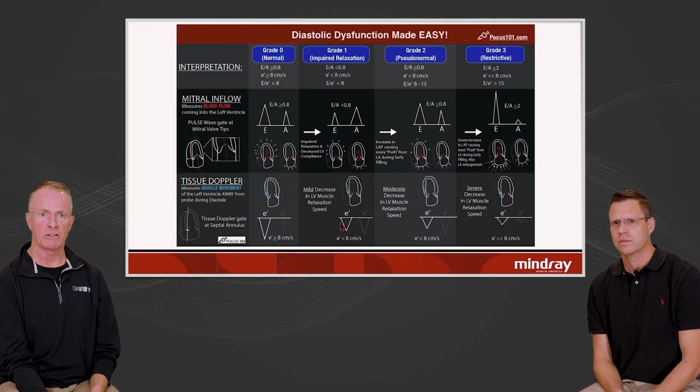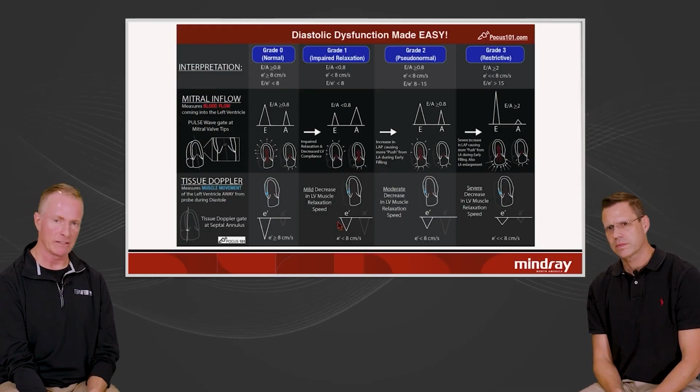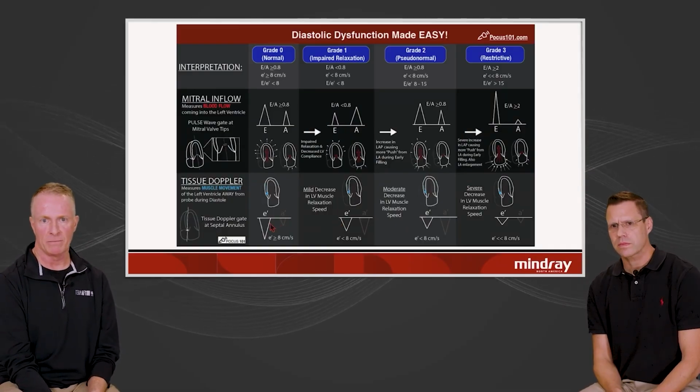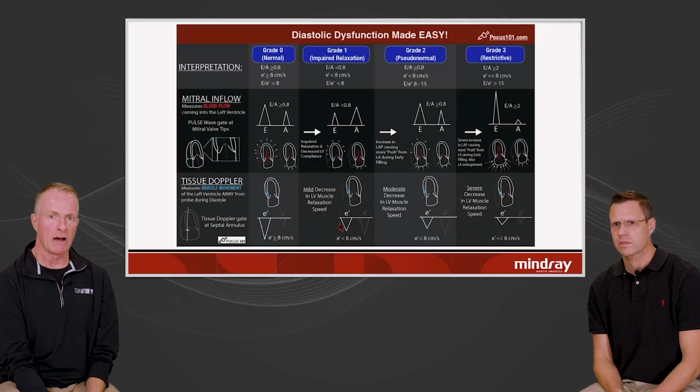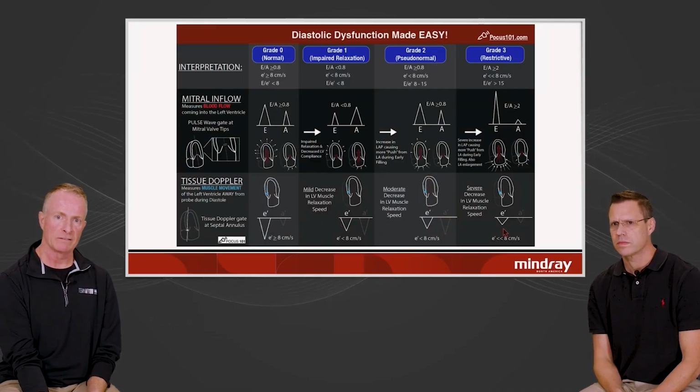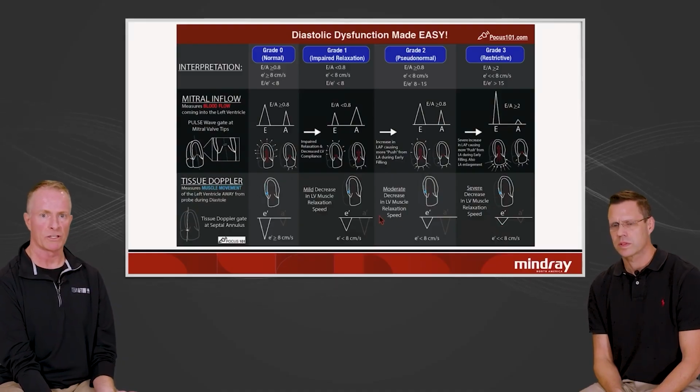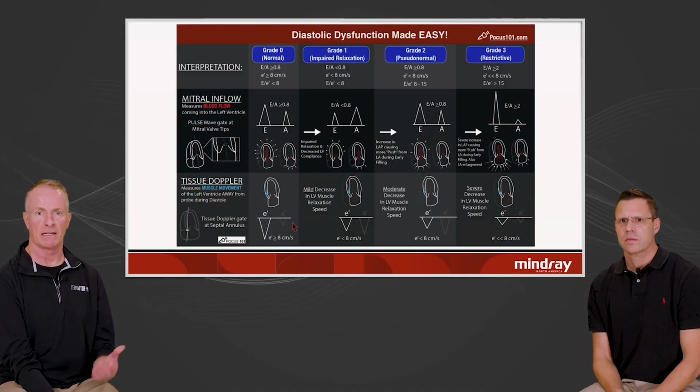It's the muscle right next to the medial mitral annulus, and the machine's just measuring the tissue Doppler and the movement of that muscle up and down and the speed of it. And as that gets lower, your diastolic dysfunction gets worse and worse. So that's pretty simple to comprehend and understand.